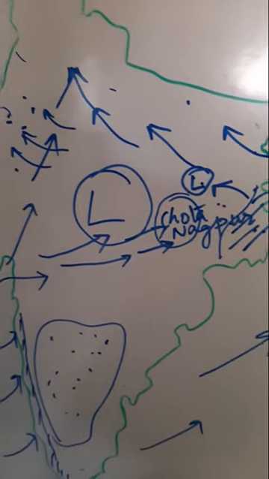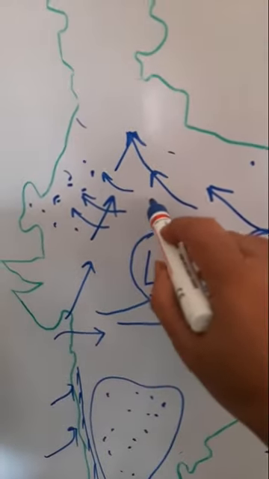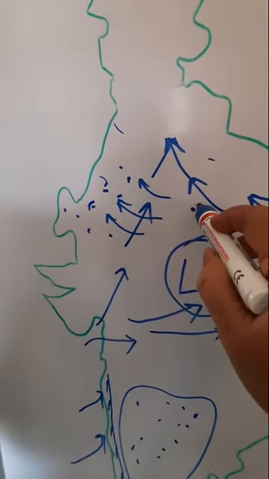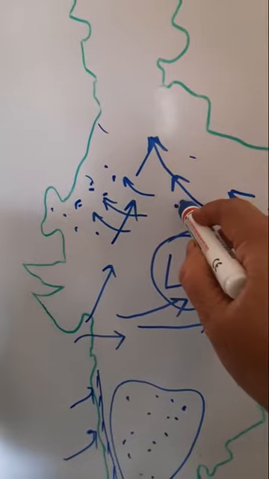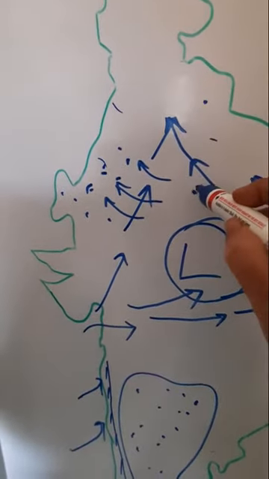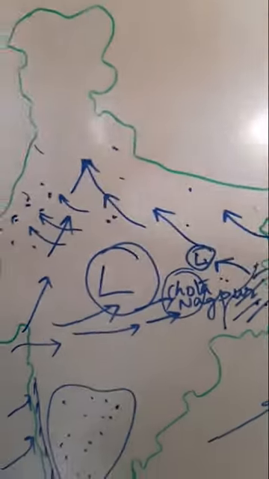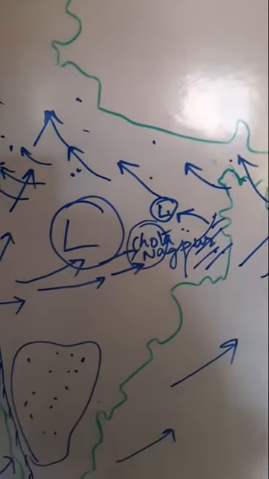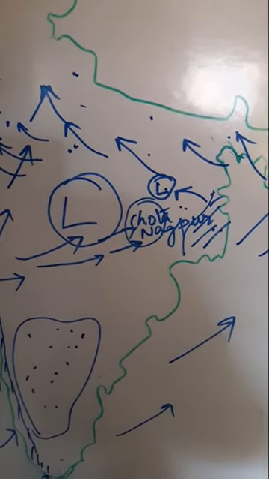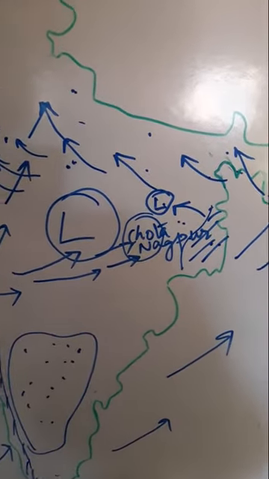Wherever the low pressure is there, suppose if the low pressure is here, the wind will move towards this direction. After rainfall here, it will again move to another part. Suppose here is low pressure, the winds will move from here to here. So the winds are pulled by the low pressure. The lower the pressure, the more winds will move there and cause rainfall.